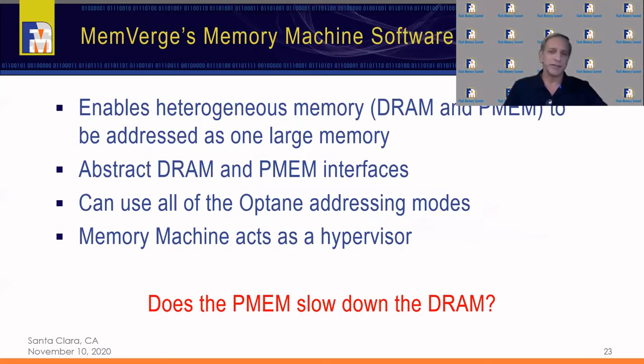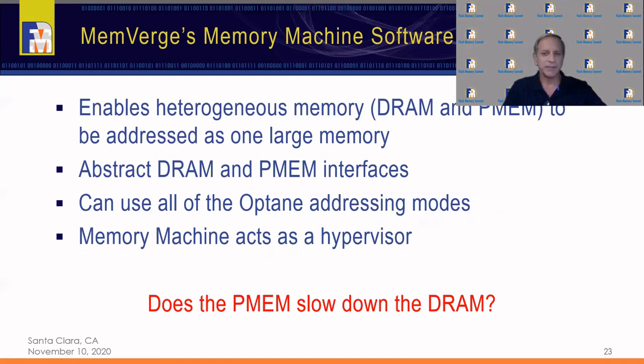MemVerge is also speaking in this session. They've created a new hypervisor for heterogeneous memory. Their memory machine hypervisor abstracts the DRAM and PMEM interfaces so the heterogeneous memory can be addressed as one large memory. It can use all of the Optane addressing modes without requiring application software changes.